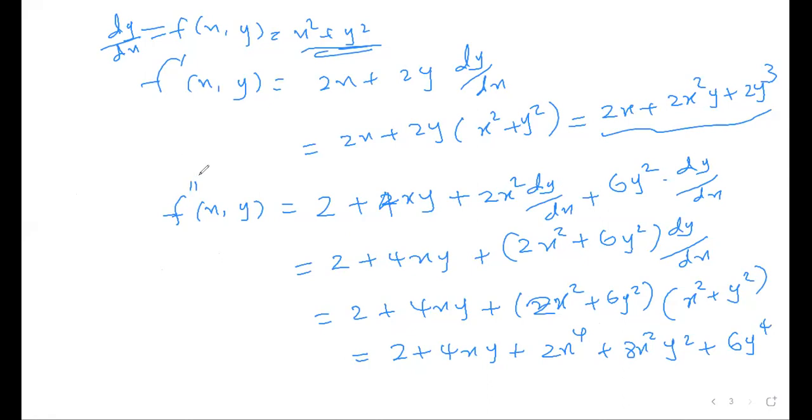Okay, so now f dash of x naught comma y naught, I can just substitute this. Whatever the x, I can substitute as x naught, plus 2 x naught squared y naught plus 2 y naught cube.